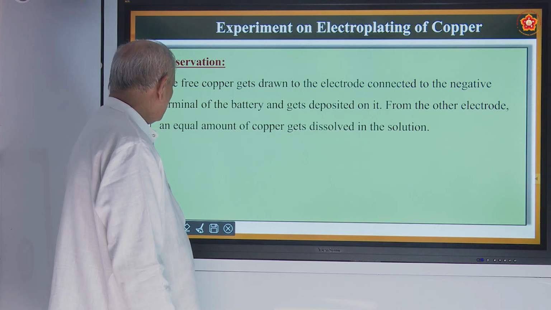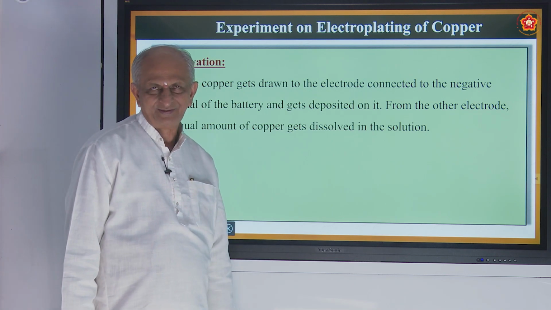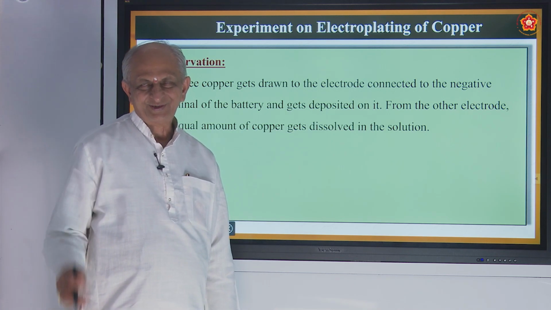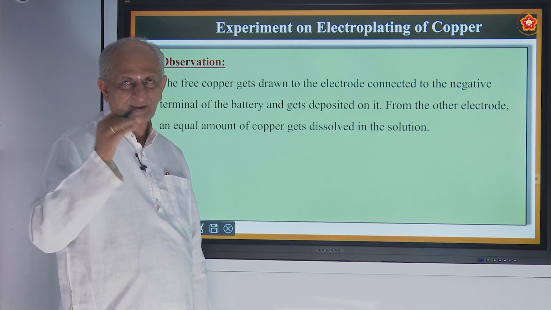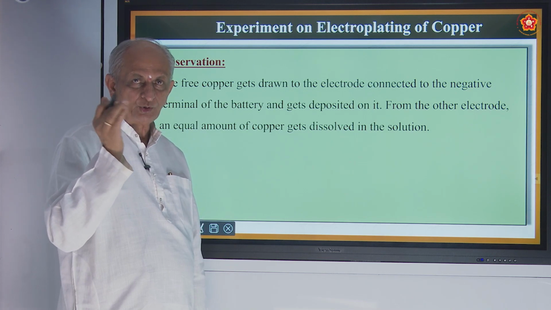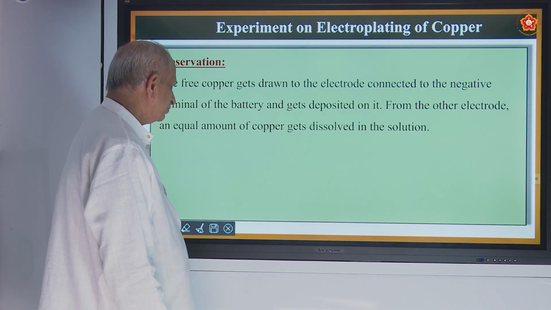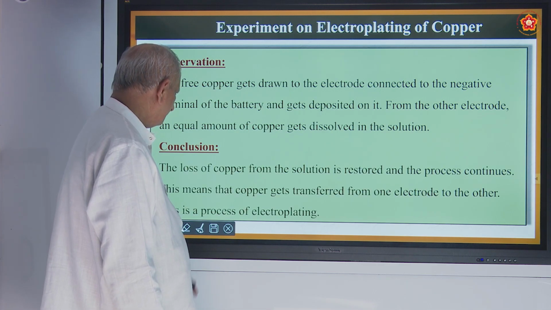From the other electrode an equal amount of copper gets dissolved in the solution. So the other electrode gives out impure copper, which will be decomposed into pure copper and gets deposited on the cathode. And what do you conclude?